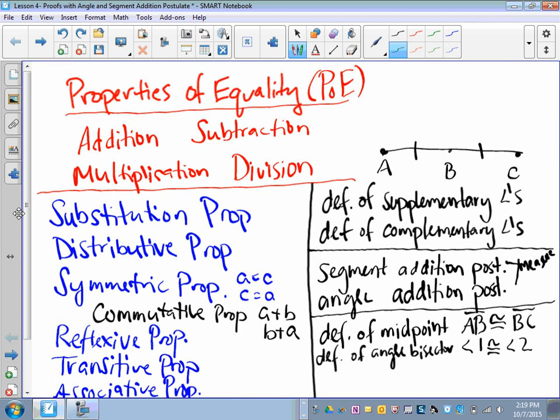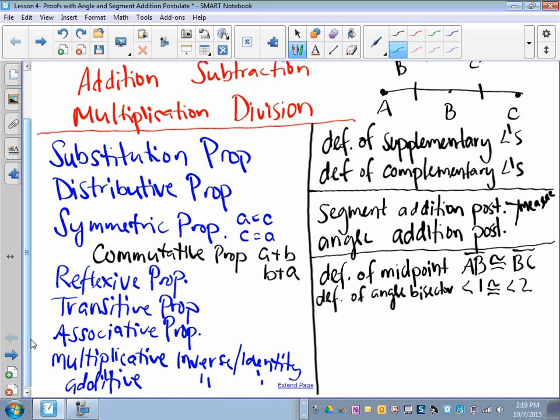Say I had this angle here, where ray BD bisects my angle, then that means angle 1 and angle 2 are congruent. Again, notice we're talking about congruency here. So to make the statement that their lengths or their measures are equal, we then have to use the definition of congruent segments or the definition of congruent angles.